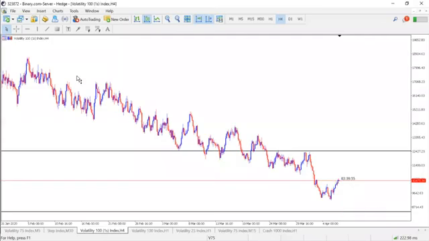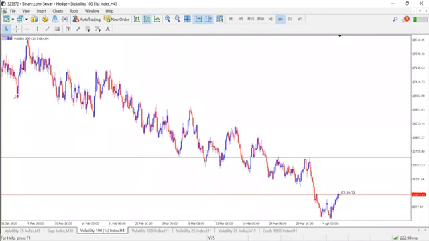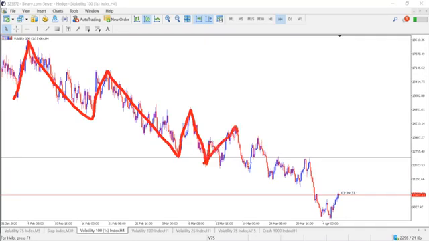As you can see, price has been in a downtrend. Why? Because we formed a low, a high, a lower low, a lower high, a lower low, a lower high, a lower low, a lower high, a lower low, a lower high, a lower low.